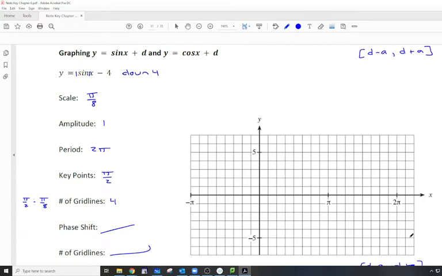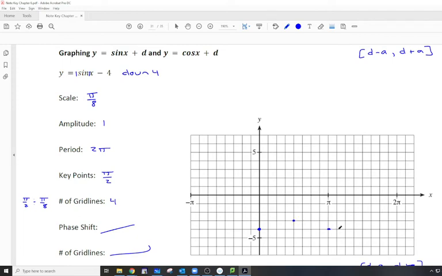But how are we going to graph this? Well, let's look at a sin x graph. Sin x graph usually starts at 0, 0. This is going to be moved down 4. So I'm going to now start at 0, negative 4. Now we said that every 4 grid lines we're going to have a key point. So 1, 2, 3, 4 grid lines. I'm going to go up how much? Well, just 1. So it's just here. And then in 4 grid lines, I'm going to go back down to negative 4.